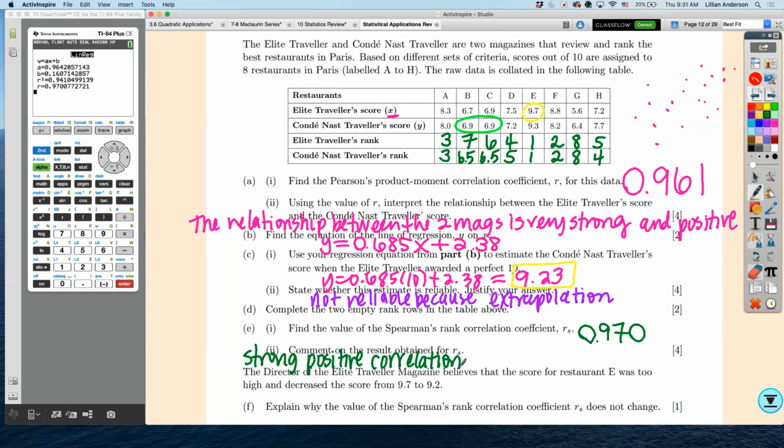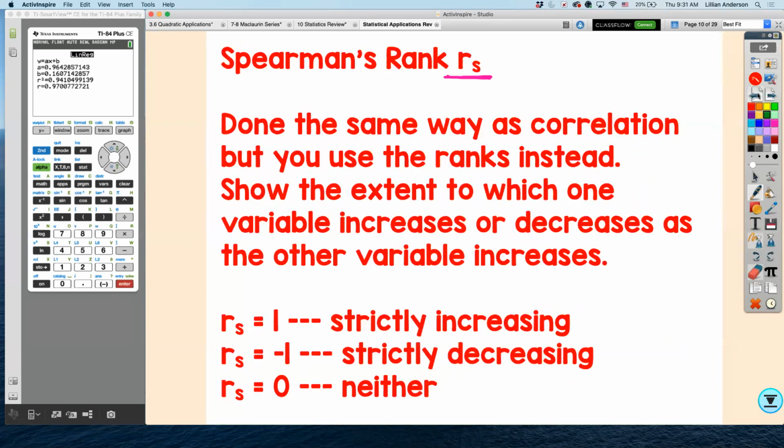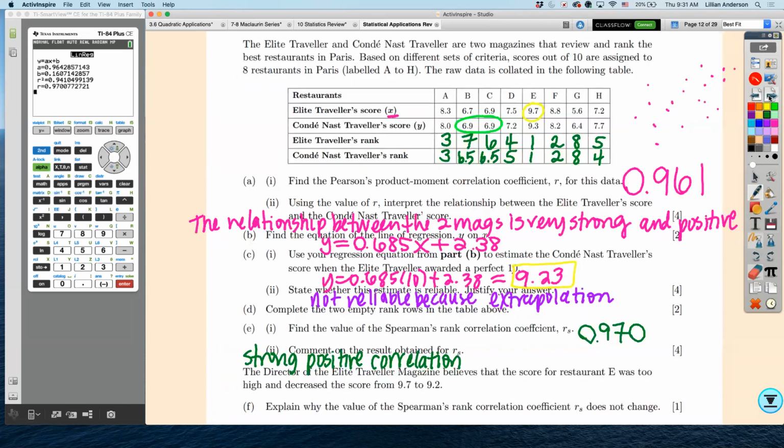The closer that it is to 1 means one value is increasing as the other one is increasing as well. Can we put X is increasing or Y is increasing as X is? Yes.